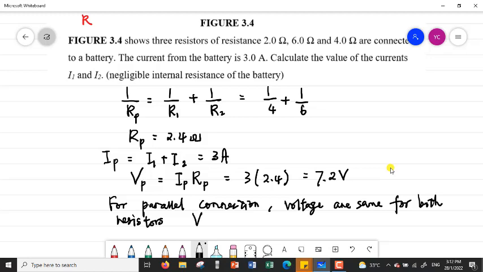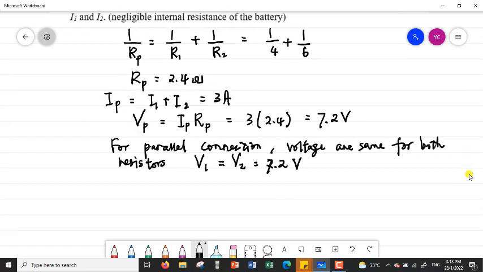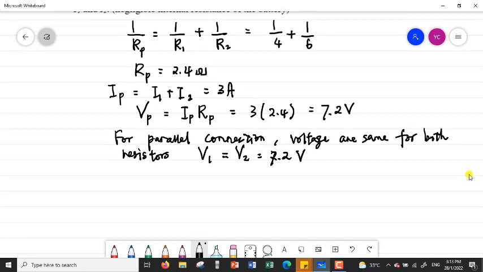So it means that V1 will equal V2, and for the parallel part, it will be 7.2 volt. So if I already know the voltage, I can determine the current by applying Ohm's law.